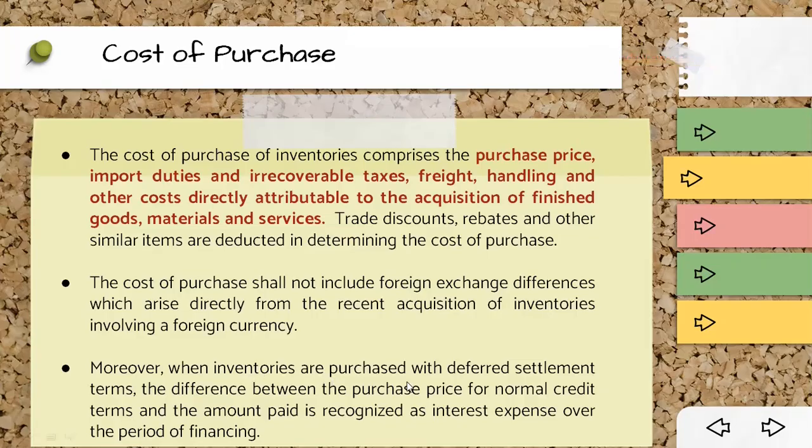Moreover, when inventories are purchased with deferred settlement terms, so yung matagal mo pa siyang bayaran no, or installment siya. So take note that the difference between the purchase price for a normal credit terms and the amount paid is recognized as interest expense over the period of financing. Kasi most probably, kapag deferred yung term, longer ang term na babayaran mo ang inventory, ma-consider na yan or meron na yang i-consider na time value of money.